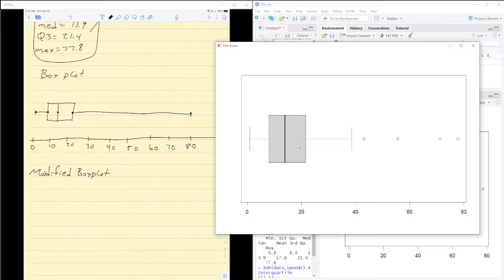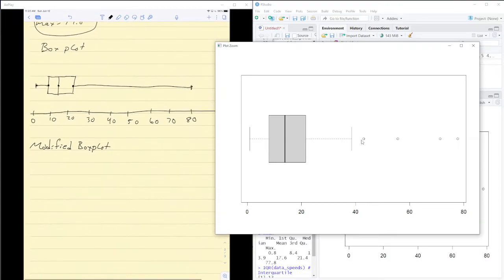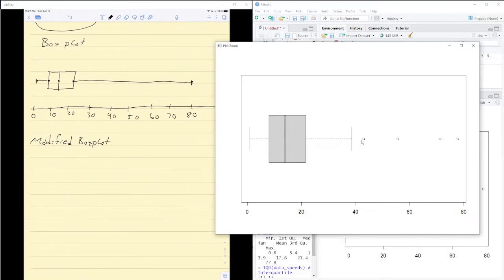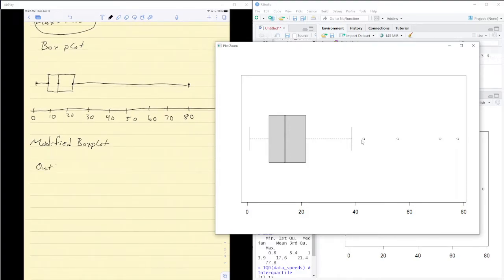So how do you calculate these outliers? That comes with your interquartile range. To calculate outliers, we calculate two values.